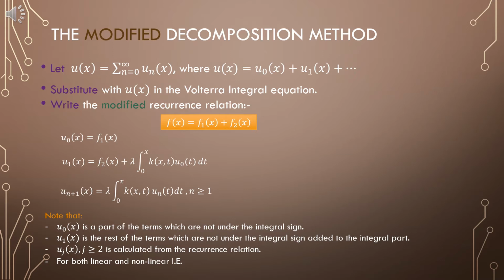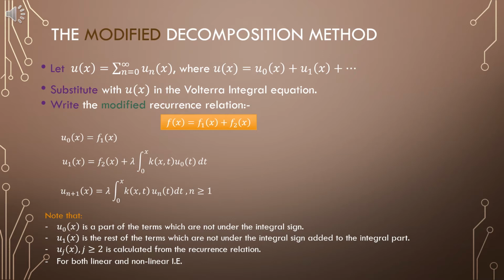Before writing it, we split f of x into two functions, f1 of x plus f2 of x, by taking u0 of x equal to f1 of x and u1 of x equal to f2 of x plus lambda, the integration from 0 to x, k of x and t, u0 of t dt.